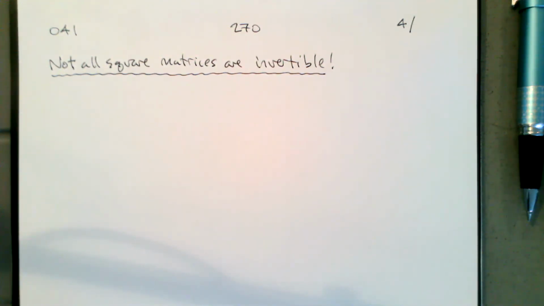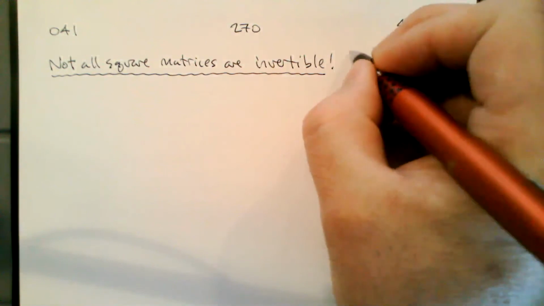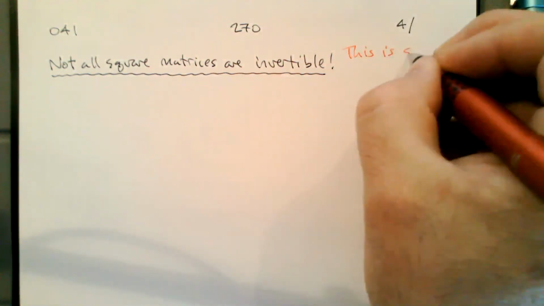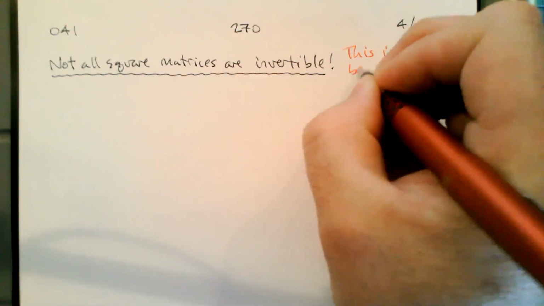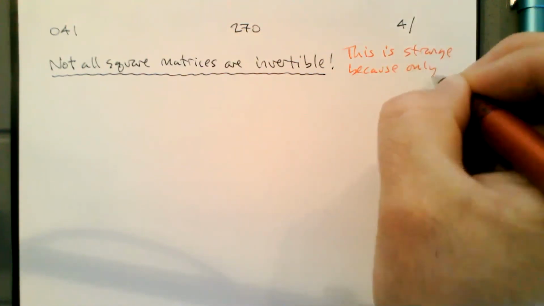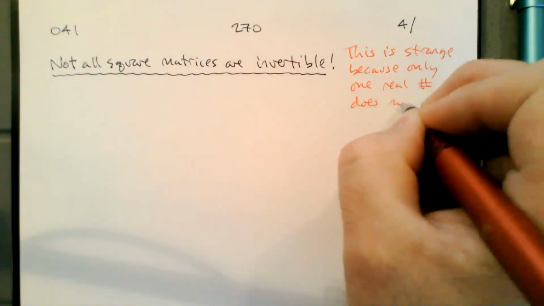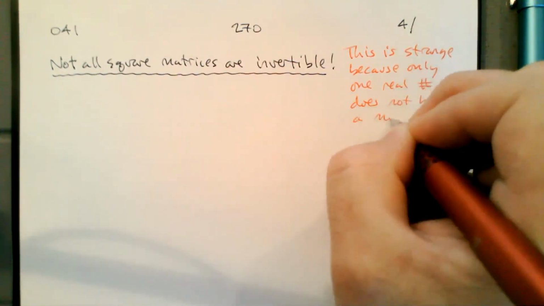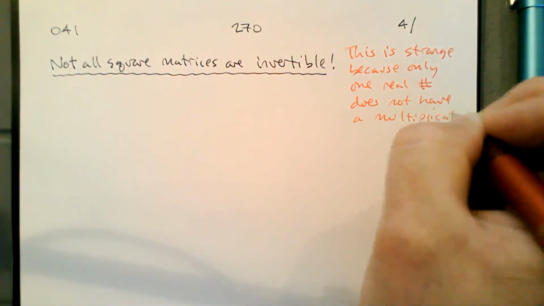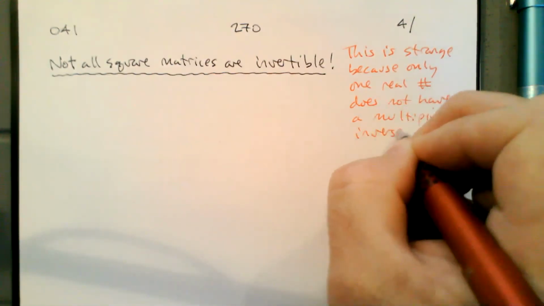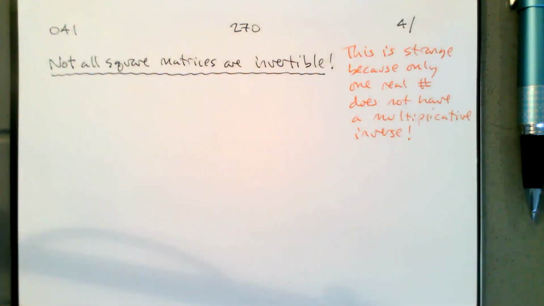For real numbers, there's only one real number that doesn't have a multiplicative inverse, and that's 0. 0 doesn't have a reciprocal.